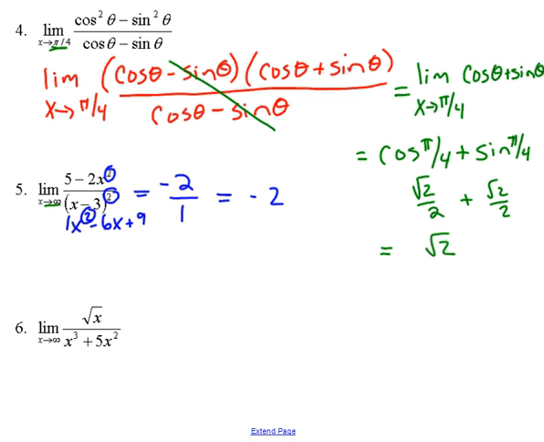Now look at number 6. Again, we're doing infinity. So you can see on top versus on bottom. So if you have the square root of x, that's the same thing as x to the 1/2 over x cubed. And so if you have x to the 1/2 over x cubed plus 5x squared, the top will grow a lot slower than the bottom.